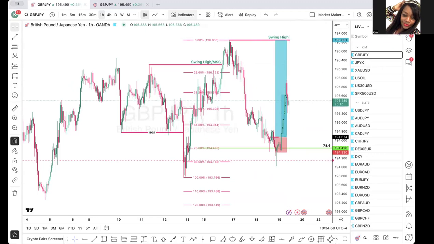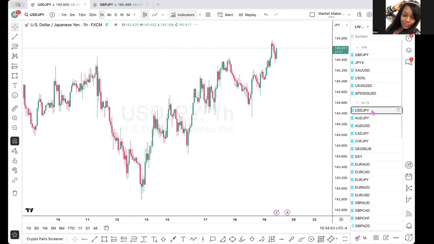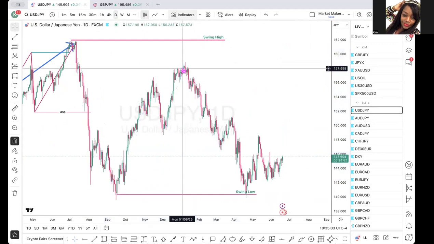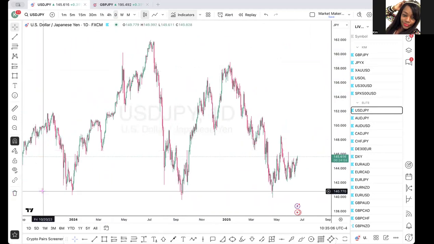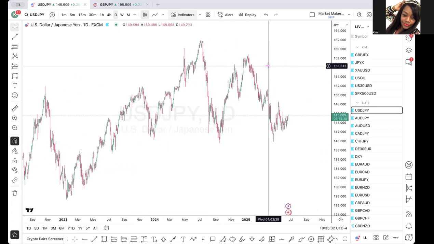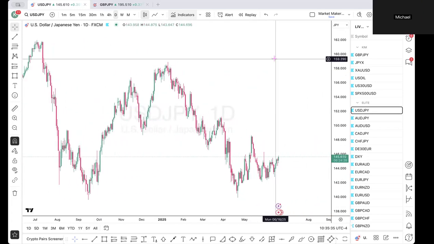Let's go to UJ and go to the daily and let's see where that was. It looked like it was right here, between September and June, I think. Here.